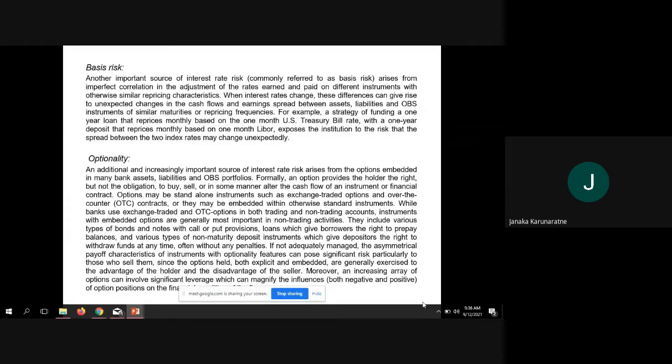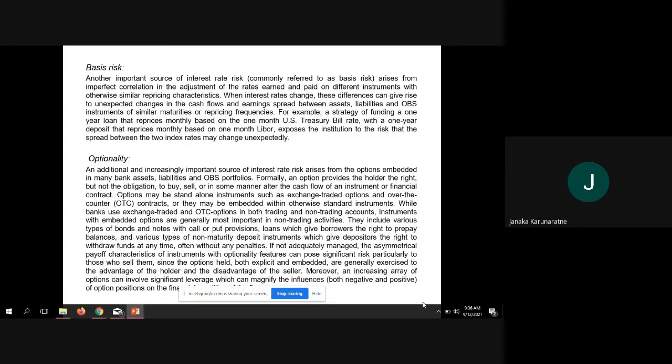Options may be standalone instruments such as exchange traded options and over-the-counter options. We will discuss those options later. There are different types of options: standardized, exchange traded, over-the-counter options. But generally, what do you mean by option?